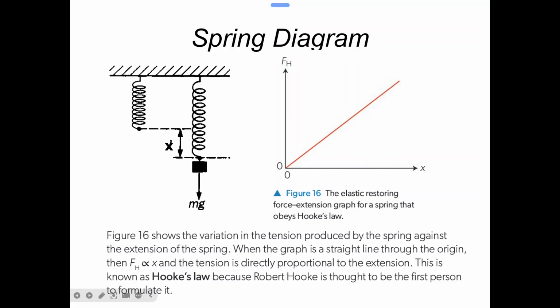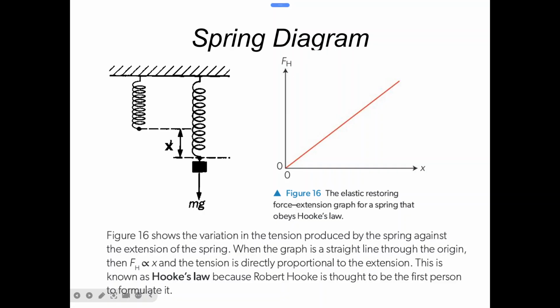Okay, the tension is the FH here. This is known as Hooke's law because Robert Hooke is thought to be the first person to formulate this relationship. All right. So you just need to know this is Hooke's law when the extension is directly proportional to the restoring force or the tension force within the spring.